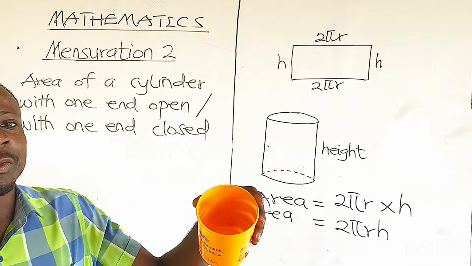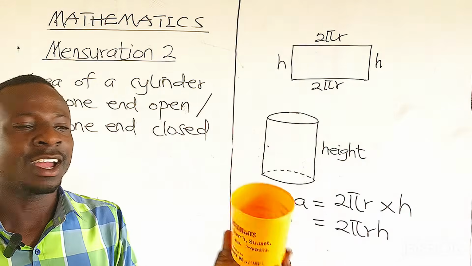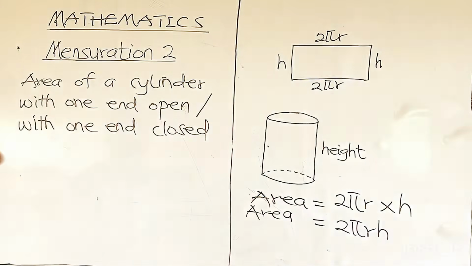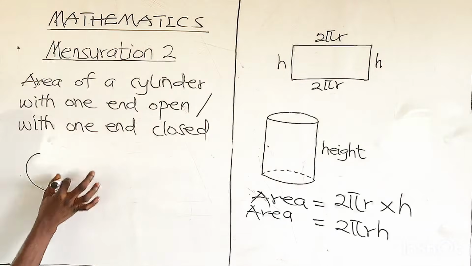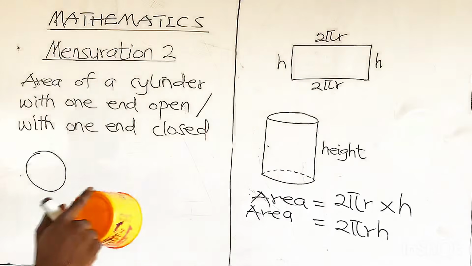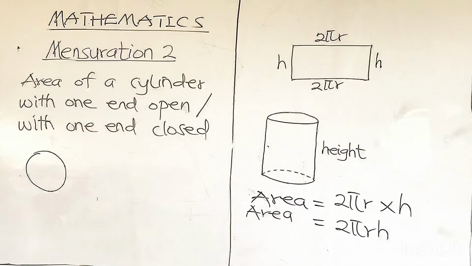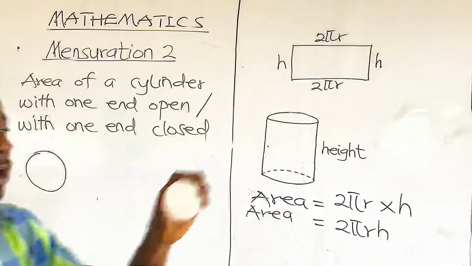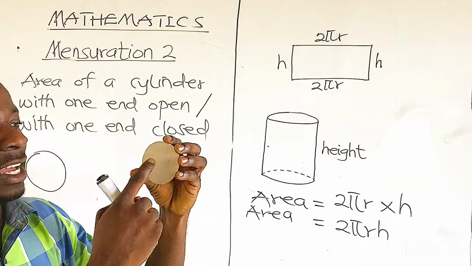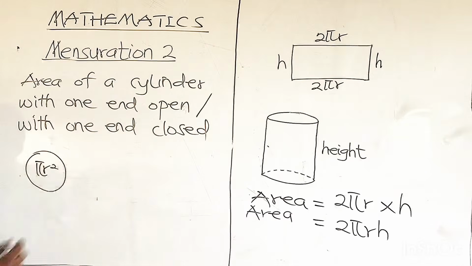So if we want to find the total surface area of this cylinder or of this container, then we could see that one end is available. This particular side is available. And because this particular side is in the form of a circle, the area of a circle is pi r squared.